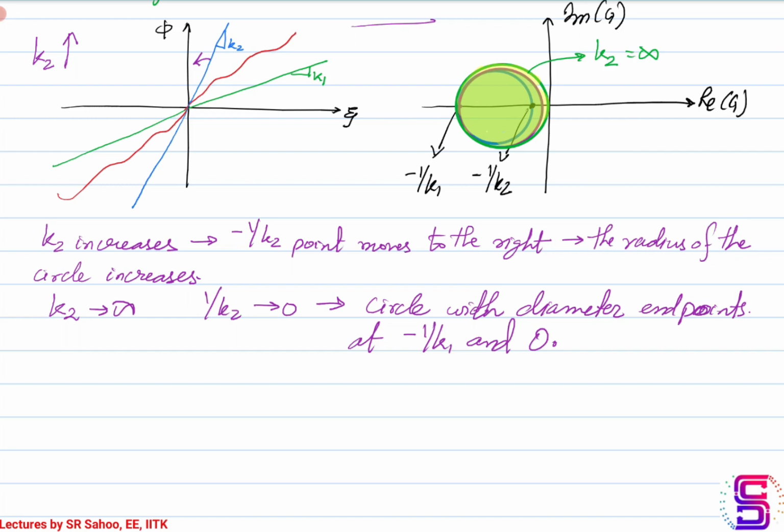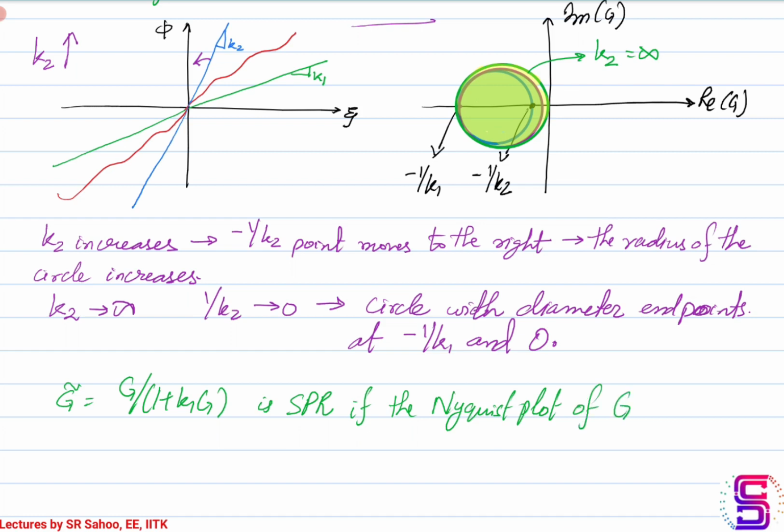Okay. So the circle criterion now changes to that g tilde equal to g by 1 plus k1g is strictly positive real if the Nyquist plot of g does not intersect. When I say does not intersect, it means it does not touch the circle or has any part that lies inside the circle.